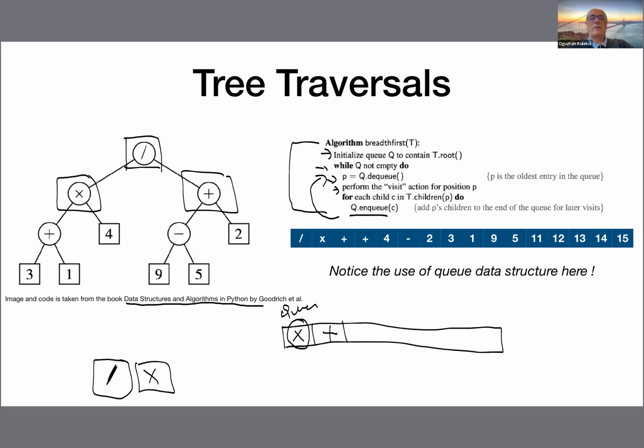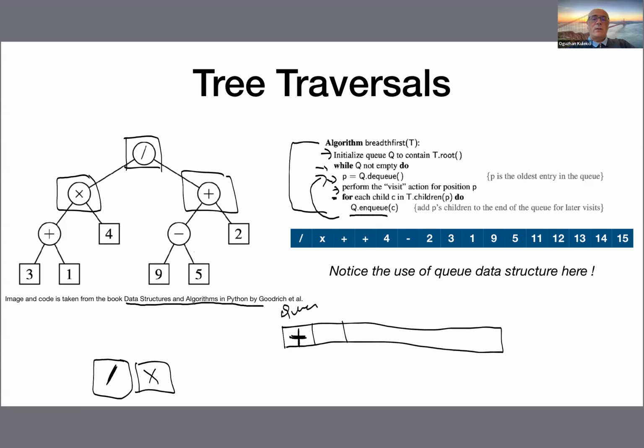So that is taken out. Okay, it's gone. Okay, so that means now we have the addition operation at the top of this queue. But this multiplication operand is fetched from the queue and it is printed.